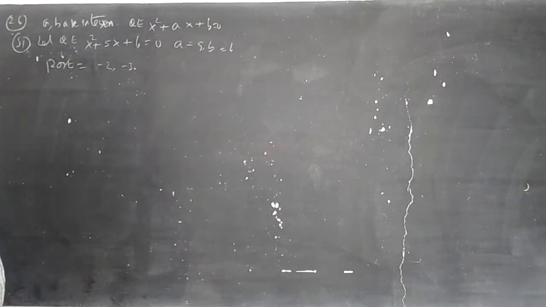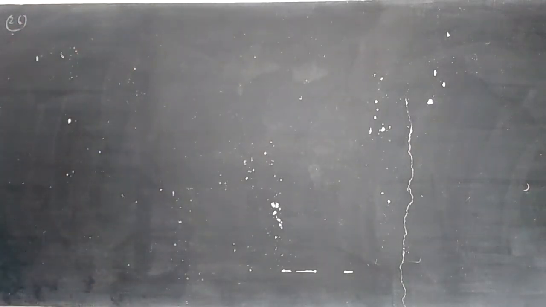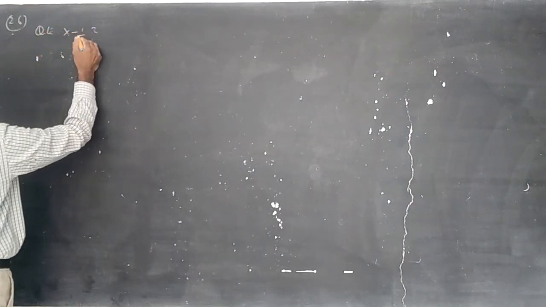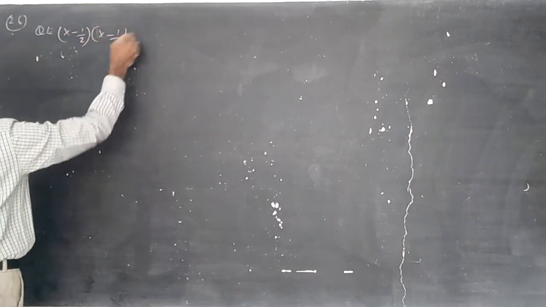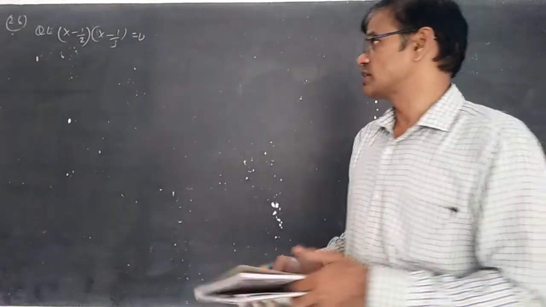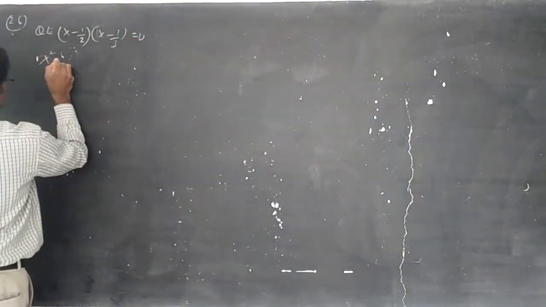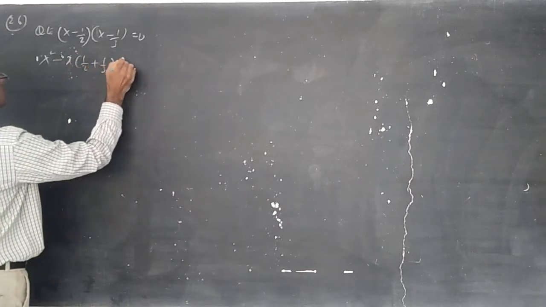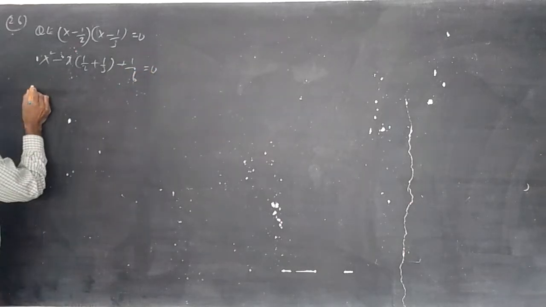Just let us see another example. Let us write x minus 1 by 2 into x minus 1 by 3 equal to 0. That means roots are rational. So x square minus x into (1 by 2 plus 1 by 3) plus 1 by 6 equal to 0.